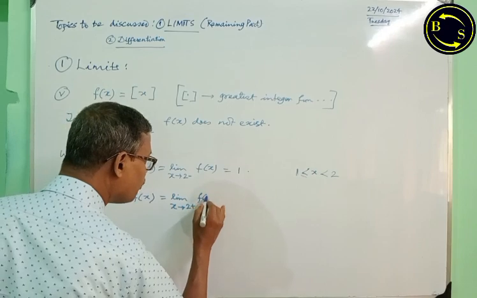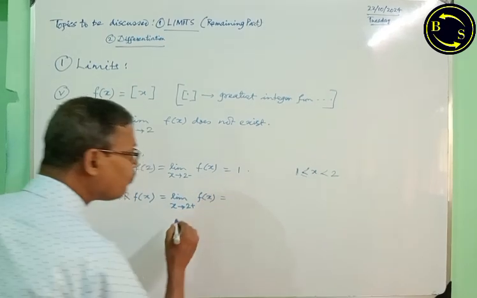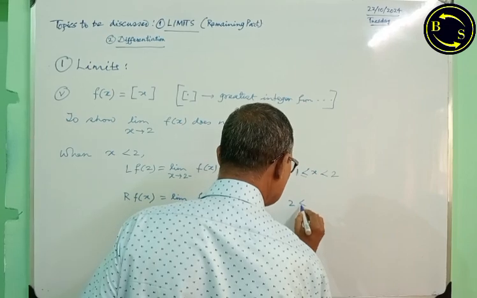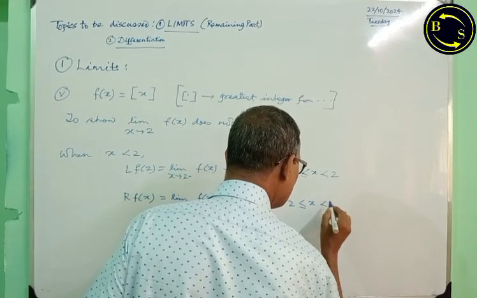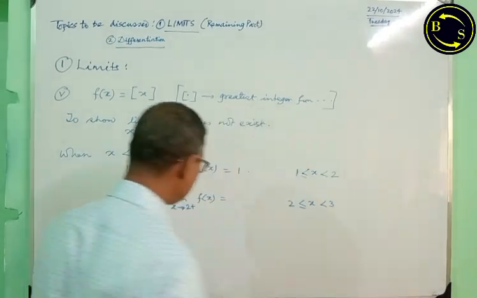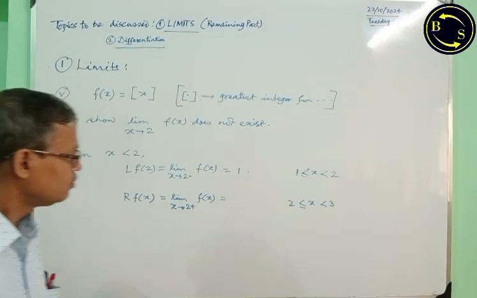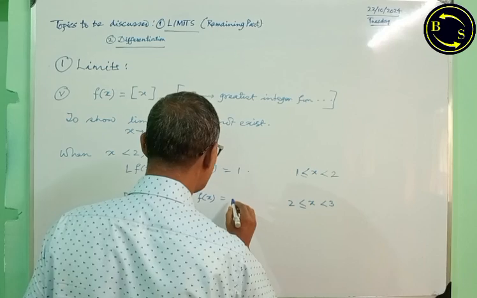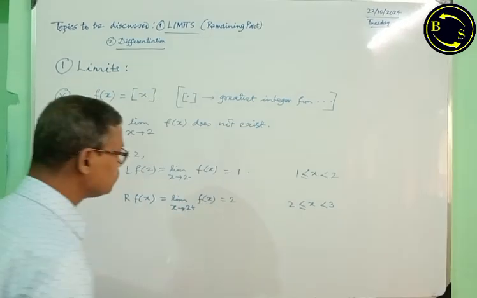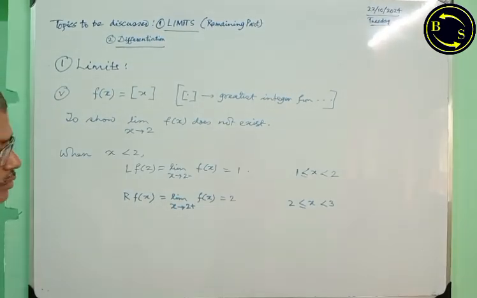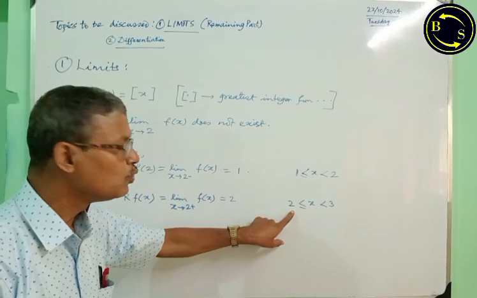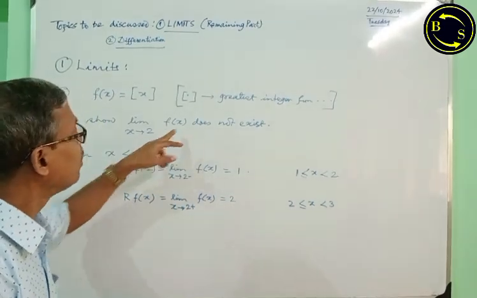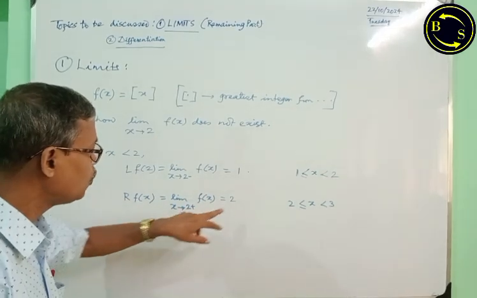That means here 2 less than or equal to x, therefore the value will be, when x is greater than or equal to 2, then value of the greatest integer function will be 2.